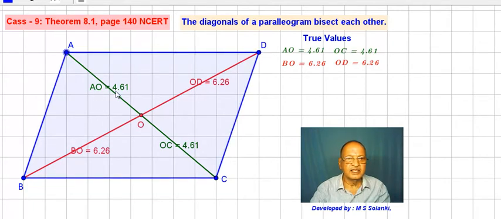Now you see AO is 4.61, OC is 4.61, BO is 6.26, OD is 6.26. The same thing is coming here. Just as we change the position, these values automatically change. Now you can see these two values are equal, and this is equal to this. Again, point O bisects AC as well as BD. AC and BD are the diagonals.